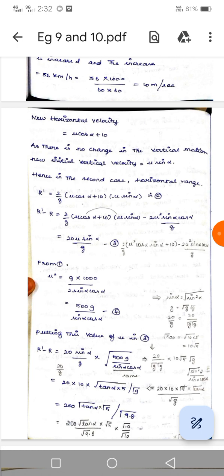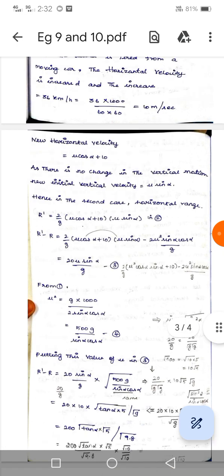This implies 20 into 10 into 10. 500 is 100 into 5, so we split 500 as 5 into 100, and root 100 comes outside as 10. So that equals 20 into 10 into root of sin alpha by cos alpha, which is root tan alpha. So 20 into 10 into root tan alpha into root 5 by root g.